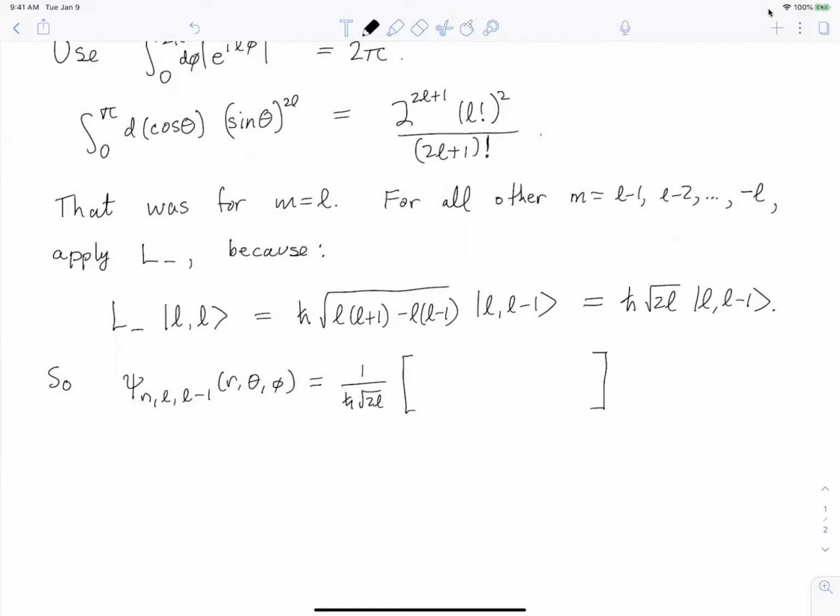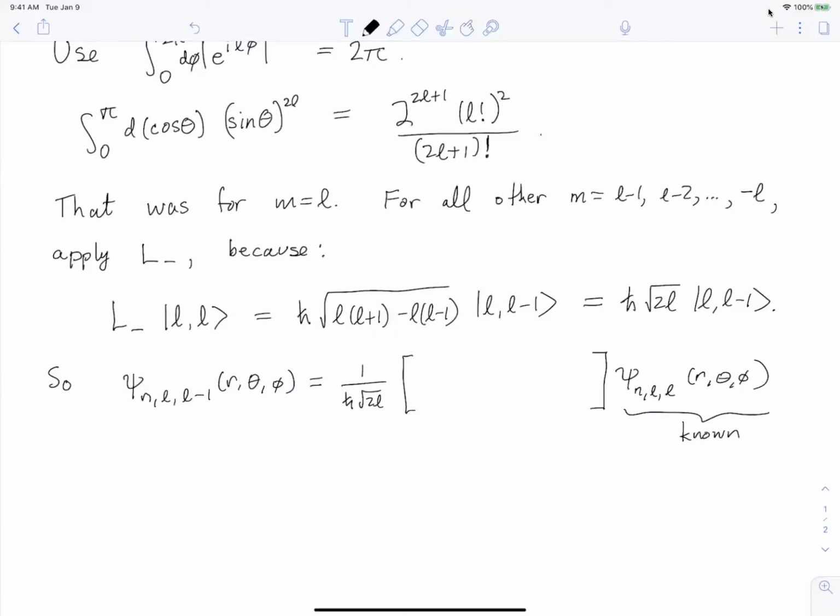What's going to go in the box is the differential expression for L minus as a differential operator. And this is acting on psi n L L of r, theta, and phi. Okay, this is known.